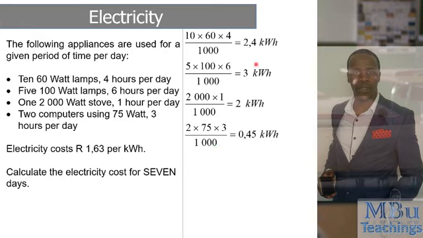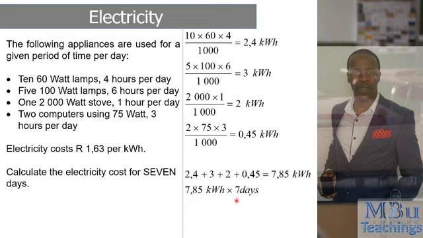Then let's add all of the above to get this for each day. Remember, we are asked to find it for 7 days. But now for each day we have this. Let's multiply it by 7. Okay.